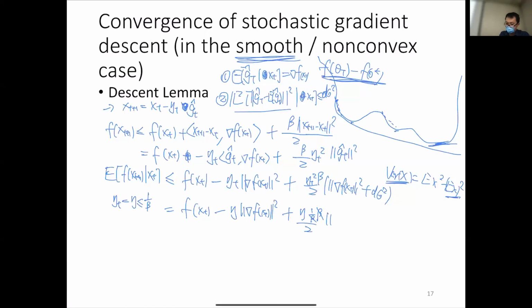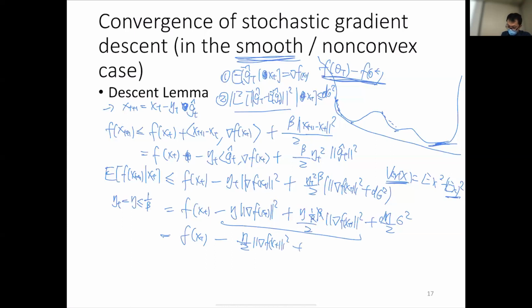Then I can break the terms in the bracket into two parts: half eta d sigma squared. And these both have the gradient differences, and this becomes f of x_t minus half eta times the norm of the gradient of f at x_t squared plus 2 d sigma squared, which is smaller than 1 over beta, 2d eta.